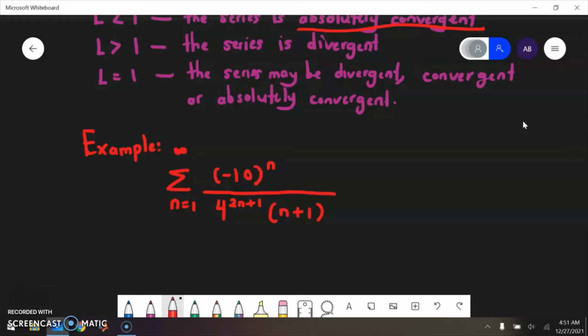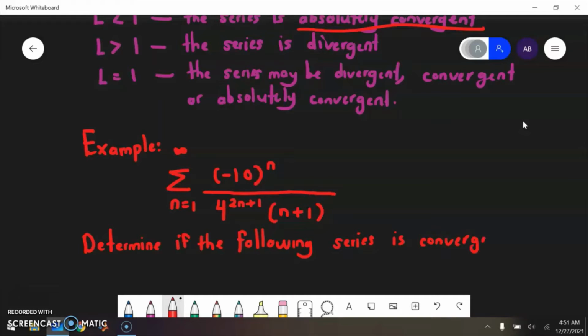The question is: determine if the following series is convergent or divergent.